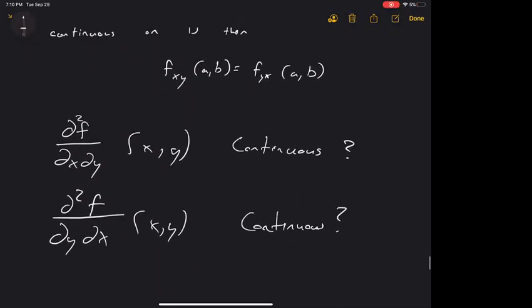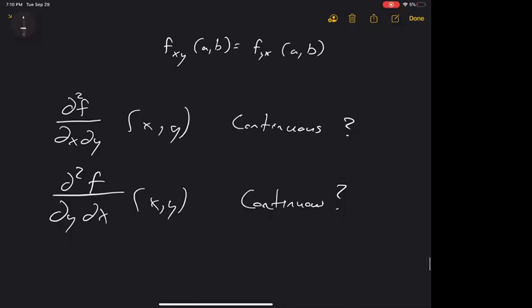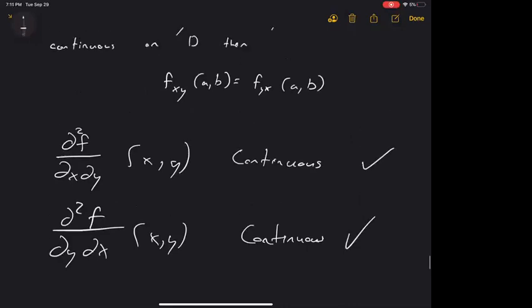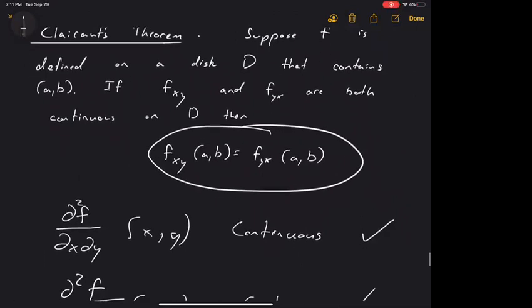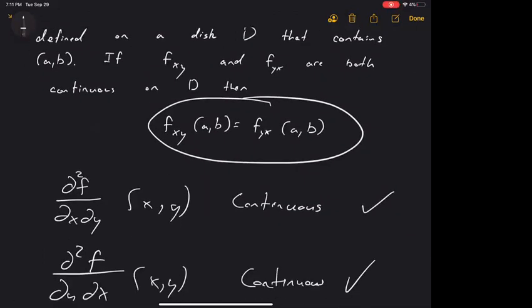All right, are they continuous? And if the answer to both of these is yes, then these two things are going to be equal. The proof of that is fairly complex.